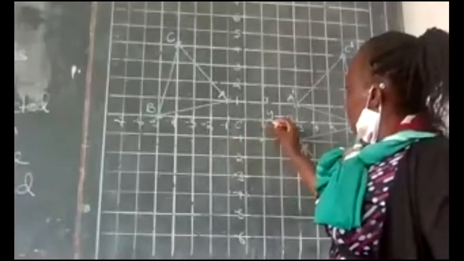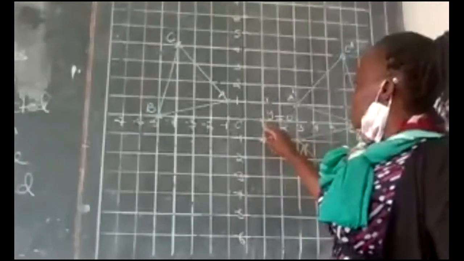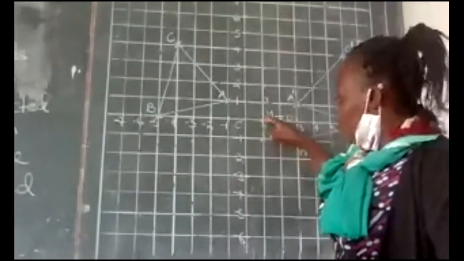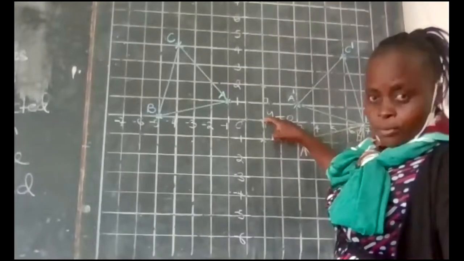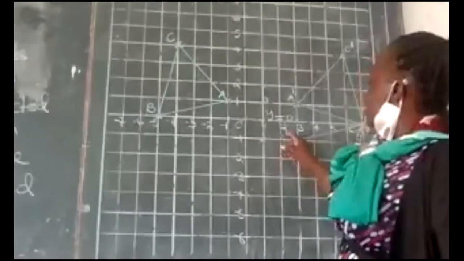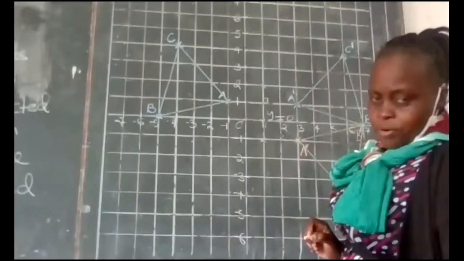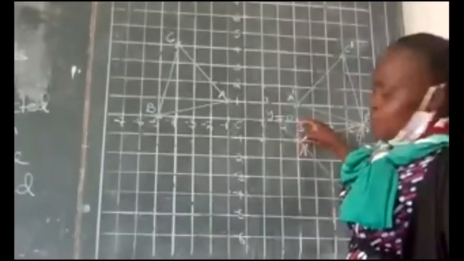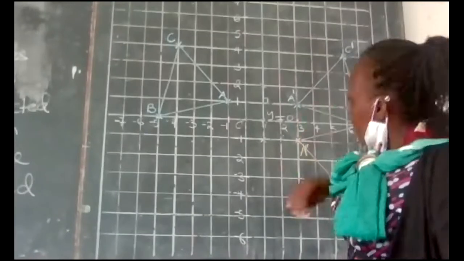So let me give you an example. If I plot this point, this is 1, 0. You find that the value for y at this point is 0. And if I move on to the next point, this is 2, 0. So you find that the value of y is 0. Even here, when I move here, I have 3, 0. So the coordinates here are 3, 0, and y is 0.